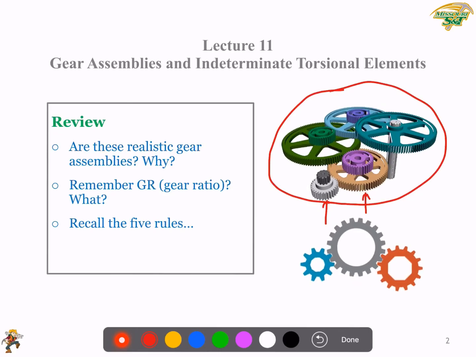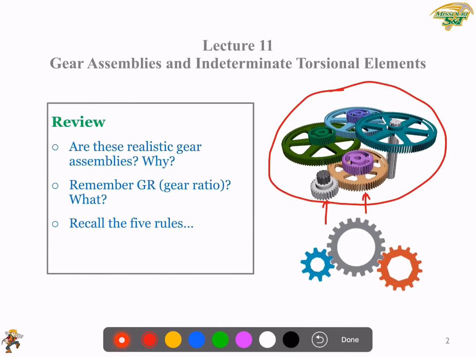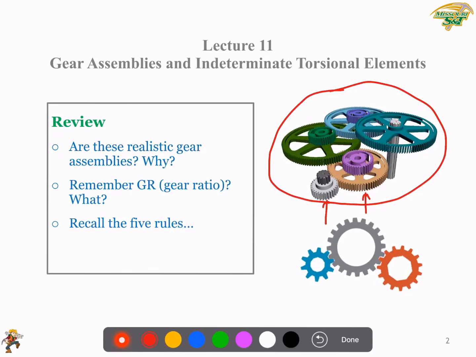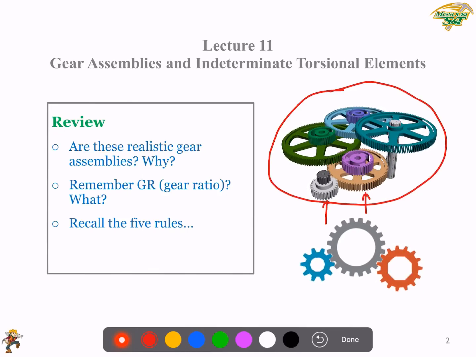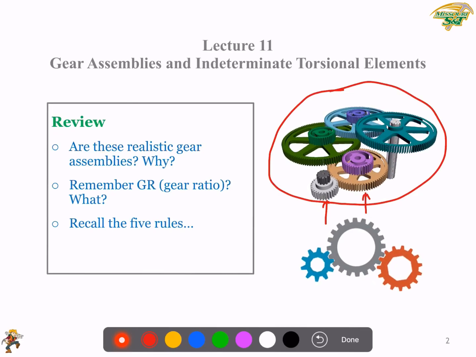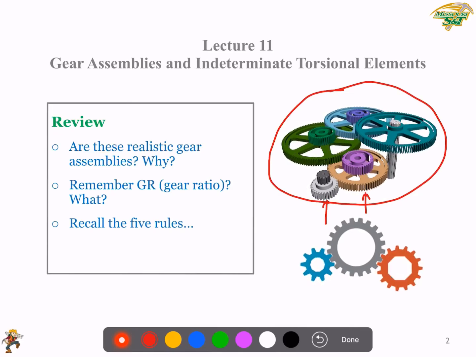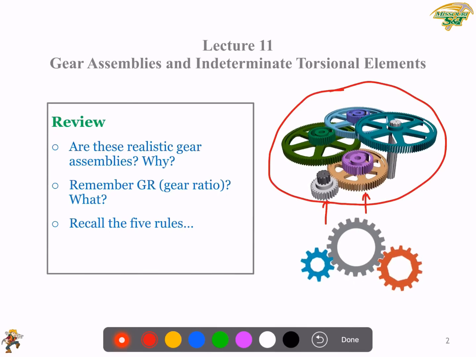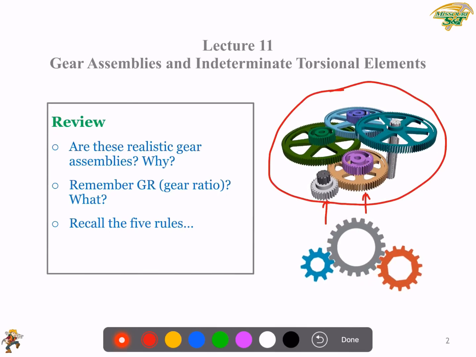That is our rule number 3. This one doesn't obey our rule number 3, so this is not a realistic gear assembly. You can do your own analysis of other gears in this system.